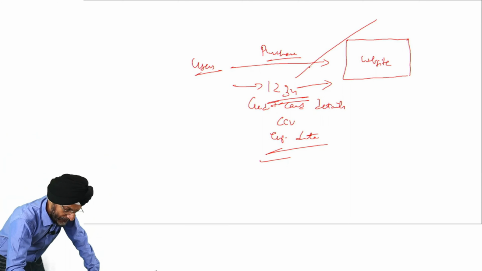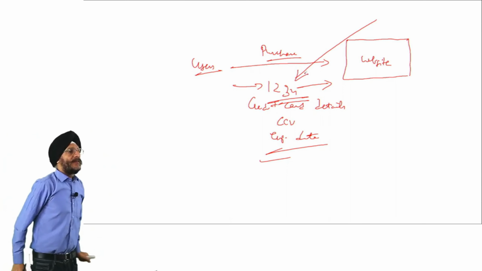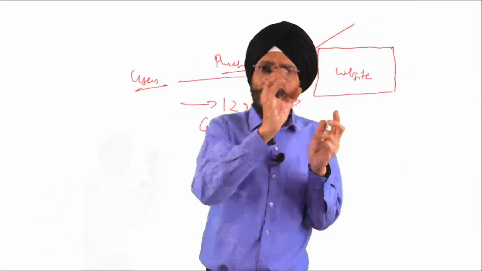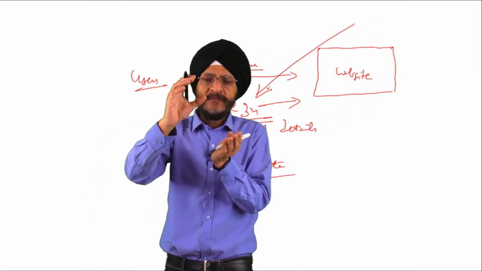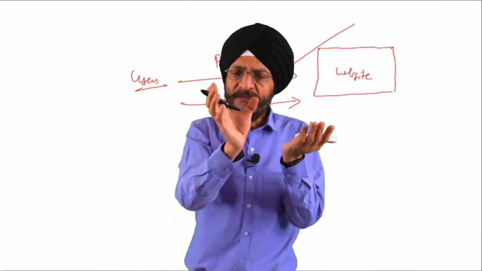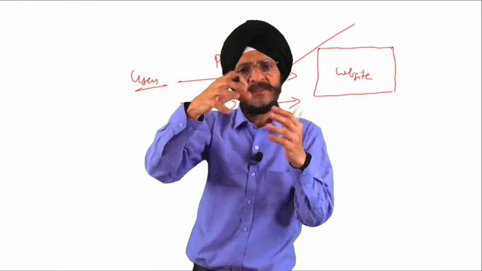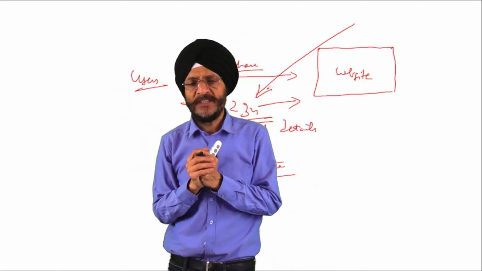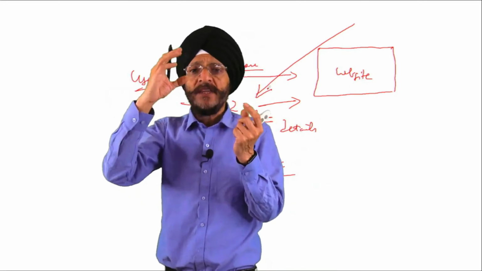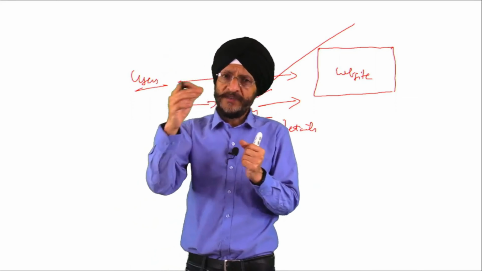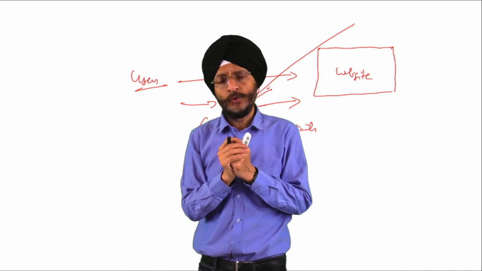The hackers may intercept the communication and find out what the credit card details, usernames, passwords, and other information being entered are, and he may misuse that information for causing financial loss to the user.